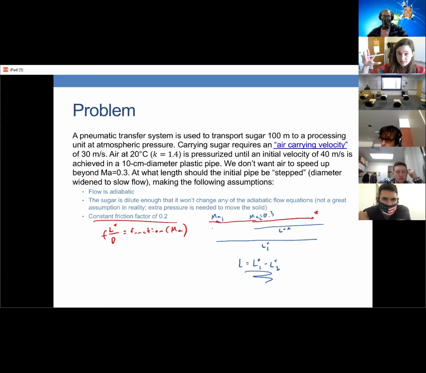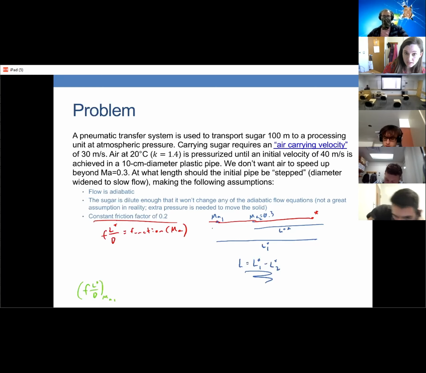Okay. So, L star 1 minus L star 2 is L. How do you get L star 1 and 2? Using that equation, right? So you could get f L star over D at Mach 1.